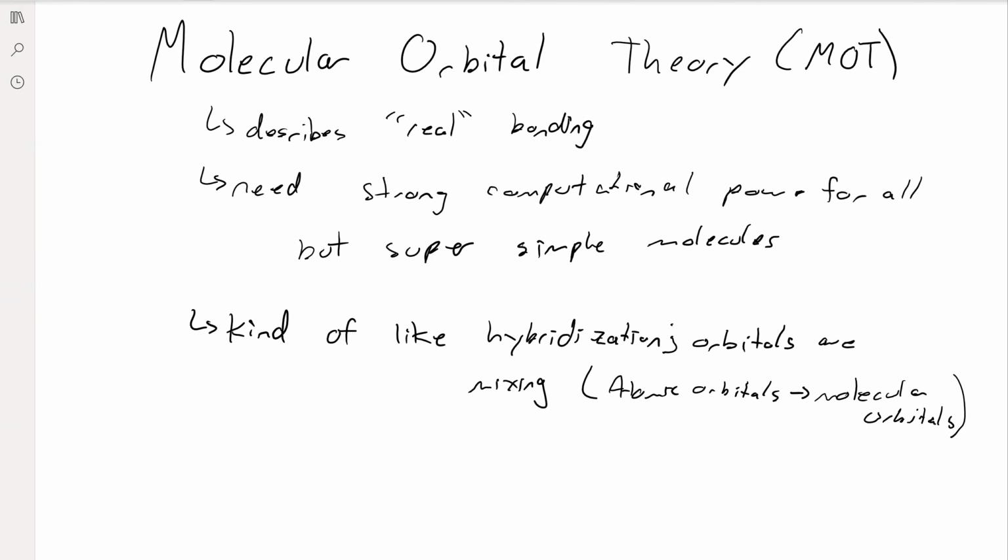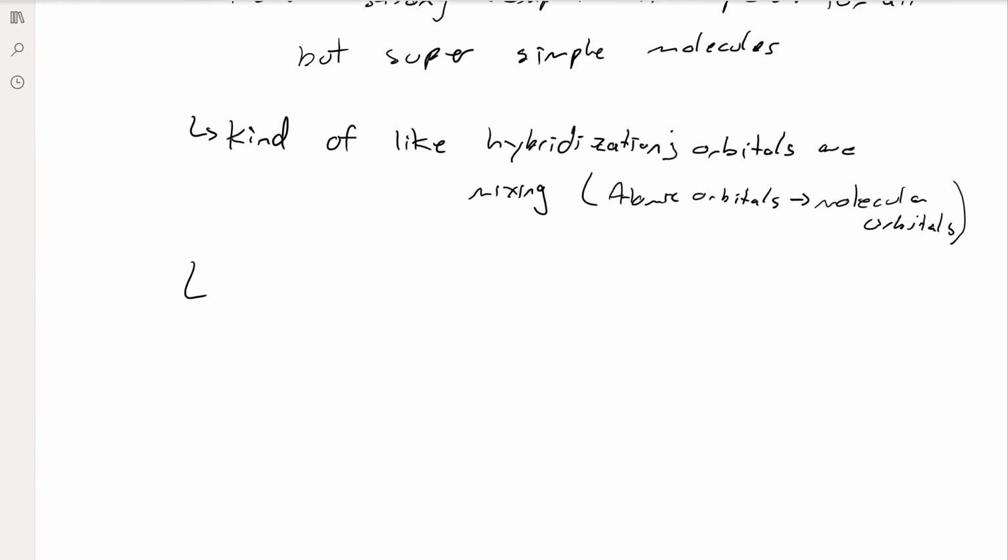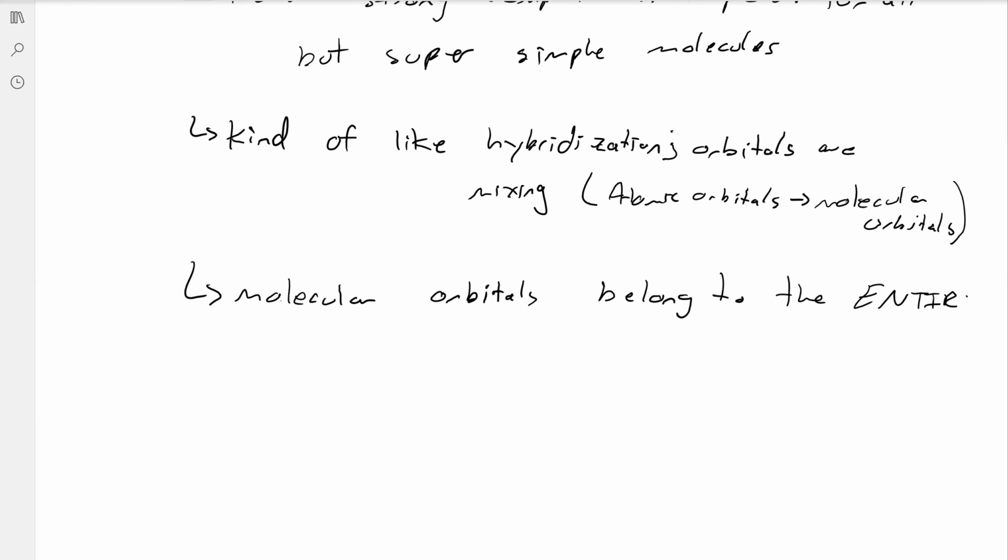Hence molecular orbital theory. So the main difference between valence bond theory and molecular orbital theory is that in molecular orbital theory, the molecular orbitals, as the name would imply, belong to the entire molecule. So chemical bonds are no longer between two atoms, but they comprise the entire molecule.